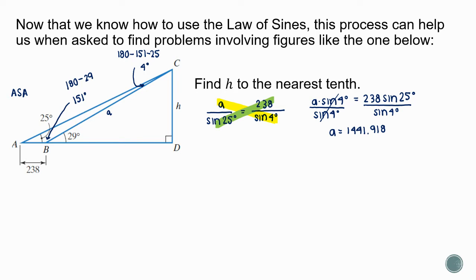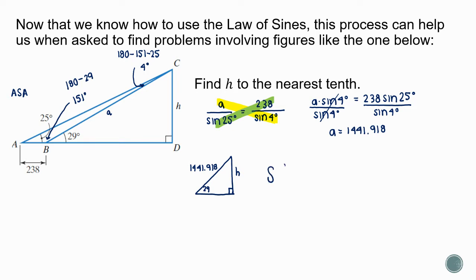Once I have that, now notice that if I focus on the triangle CDB, in that right triangle, we have this 29-degree angle. What we found was technically the hypotenuse of that right triangle, and we are trying to figure out what that height is. So now we can just go back to what we had done previously in other chapters.